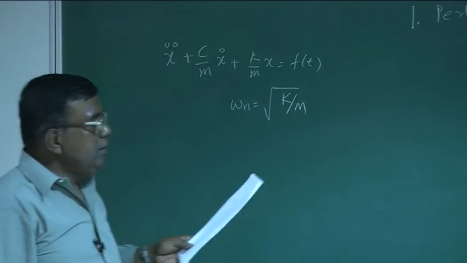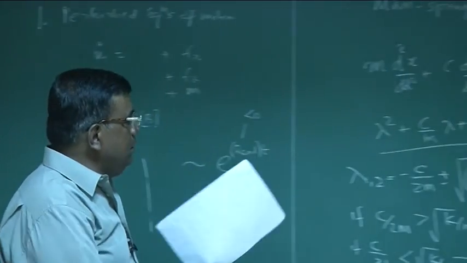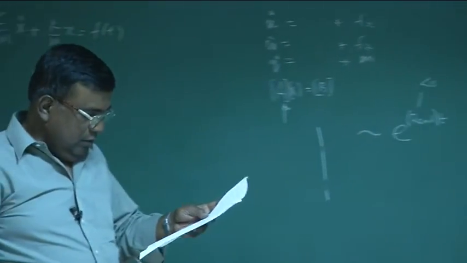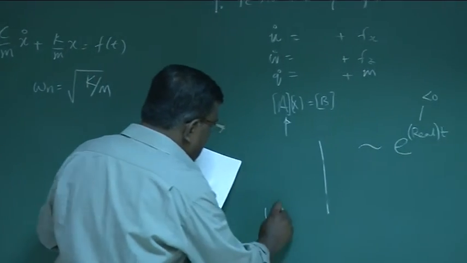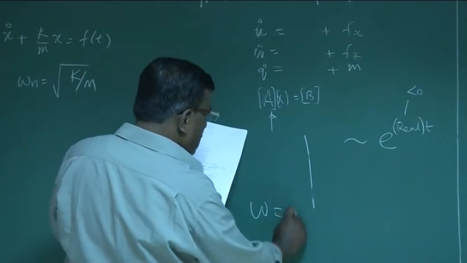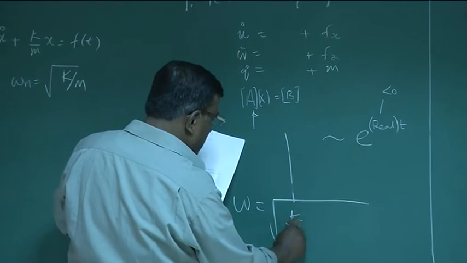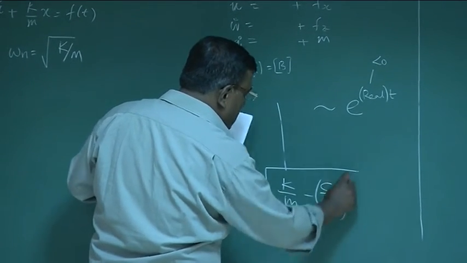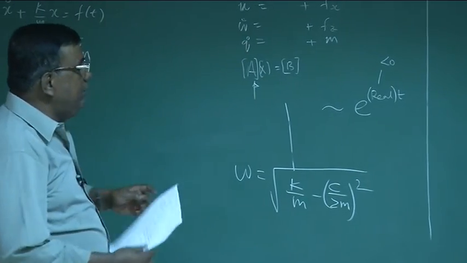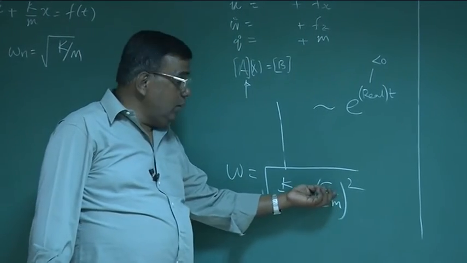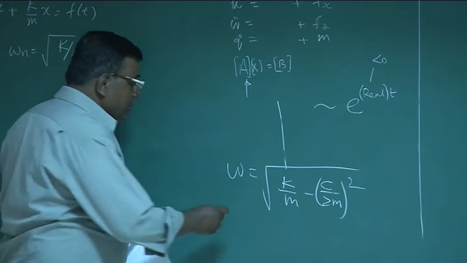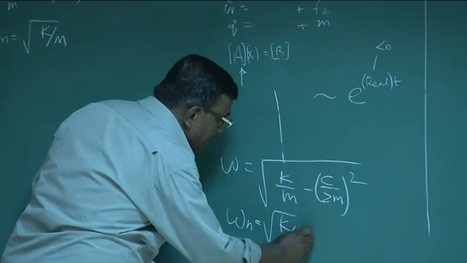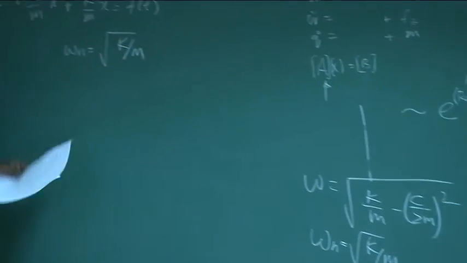Because in the normal case, if you see this sort of an equation where we have written lambda 1 and lambda 2, you can write omega equal to, these are all textbook material which you have already studied, and c by 2m square. But if damping is 0, if c is 0, then this becomes omega n, which is nothing but under root k by m.